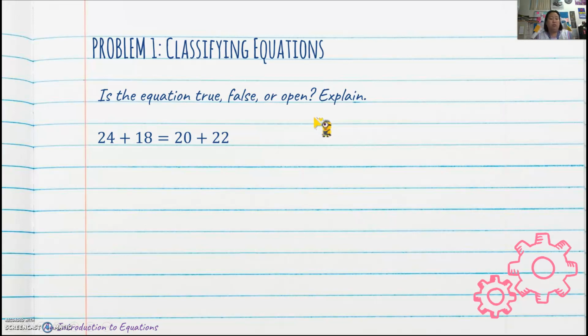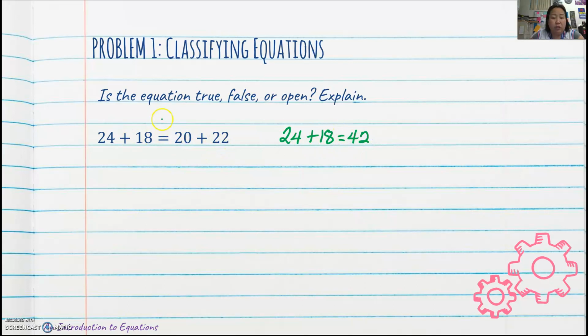Let's have our first example. We have 24 plus 18. Is it really equal to 20 plus 22? Okay, so we have 24 plus 18. The value of this is going to be 42.